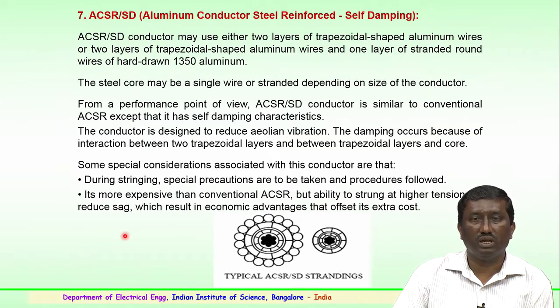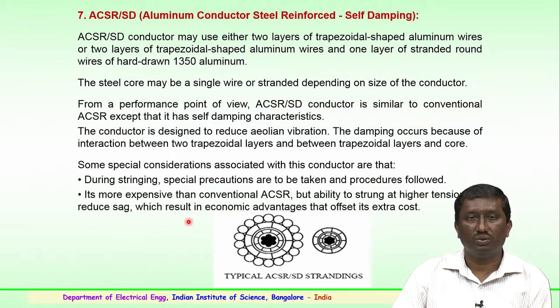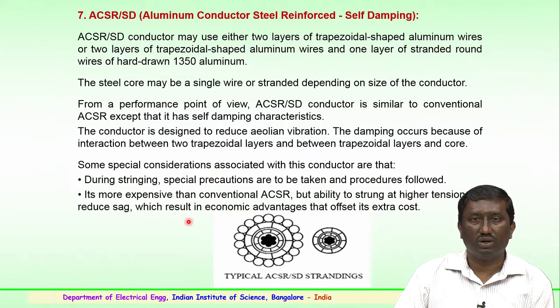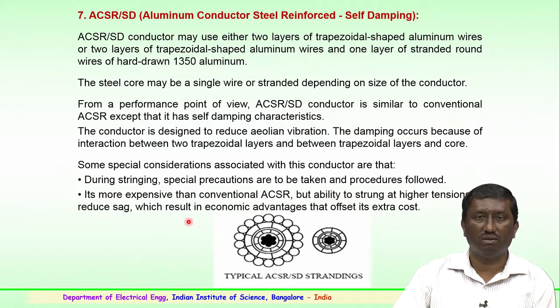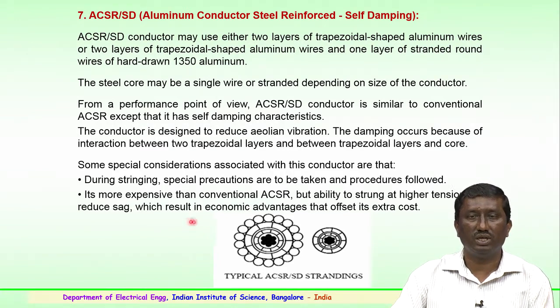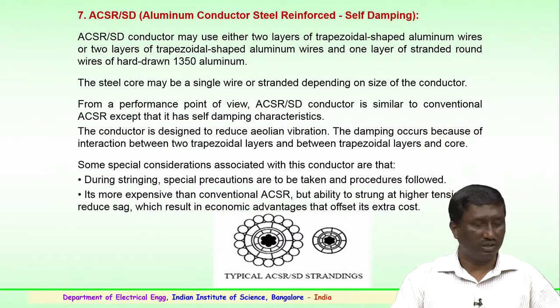This results in economic advantages that offset its extra cost, because, as we say here, it is slightly expensive, but because of its ability to reduce sag and also its properties where it could reduce the vibrations to an extent, this stands better in comparison to the ACSR conductor.